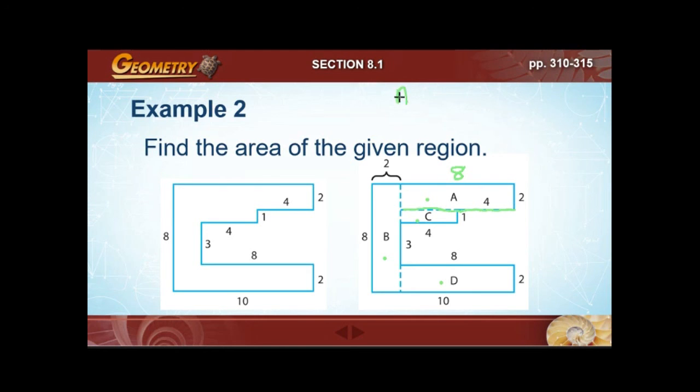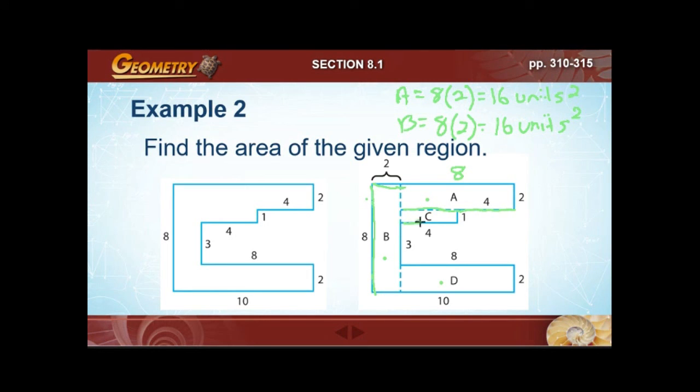So A is equal to 8 times 2, which equals 16 units squared. Okay, now let's do B. B is 8 and 2. So that's the same thing. B is equal to 8 times 2, which is equal to 16 units squared.